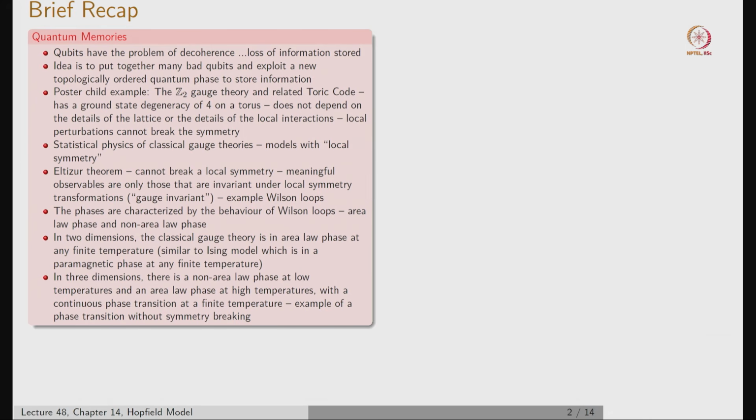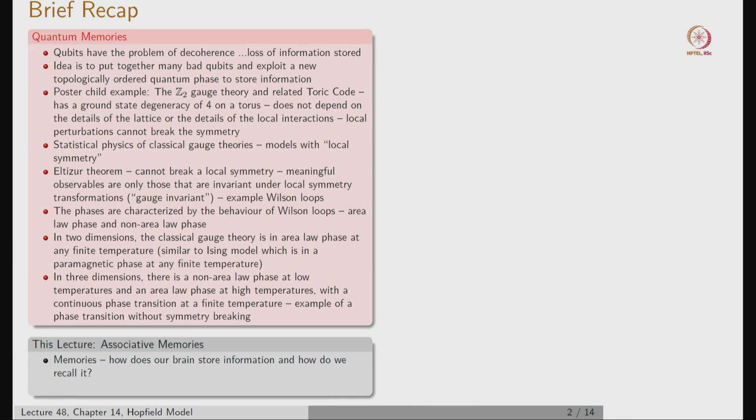Today we will look at something far more topical and very commonly discussed in the general literature and even in the press and newspapers, and this is the idea of neural networks and artificial intelligence. Here too you will see that statistical mechanics can be a very useful tool.